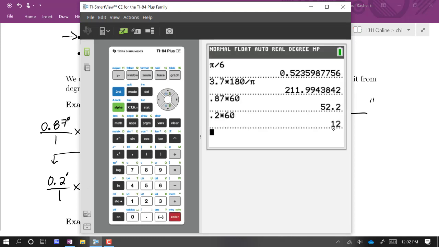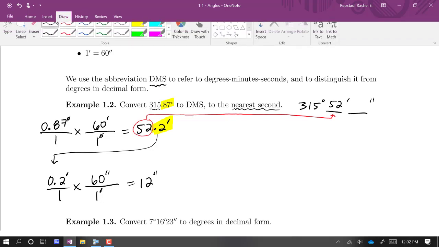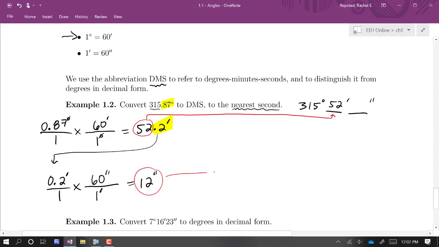So I didn't have to round that. I got a nice whole number. If I had gotten a decimal here, like 12.3 or 12.8, I would round it to the nearest whole second. So I don't have to do that in this case because I got a whole number as a result. And this is the measure of the angle in DMS form.